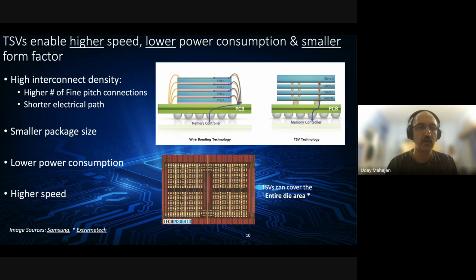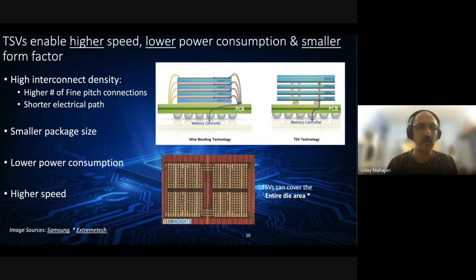So that results not only in higher density of interconnects, but also a smaller package size, lower power consumption, and of course, much higher data transfer speeds. And this power consumption is reduced primarily by reducing the interconnect length, right? So that reduces your capacitance and gives you higher bandwidth per watt.